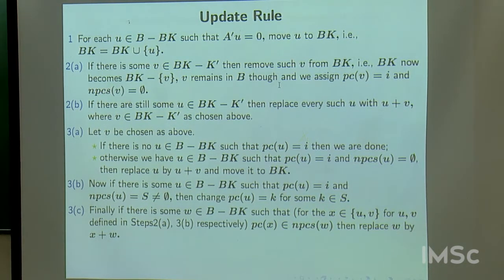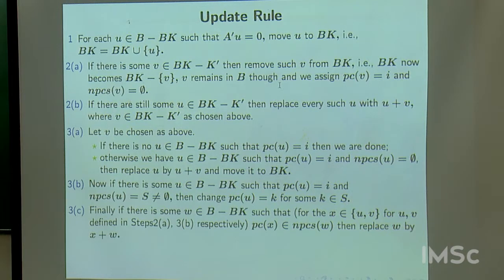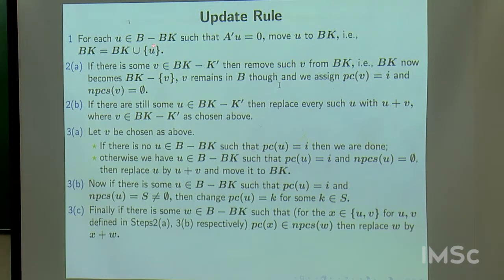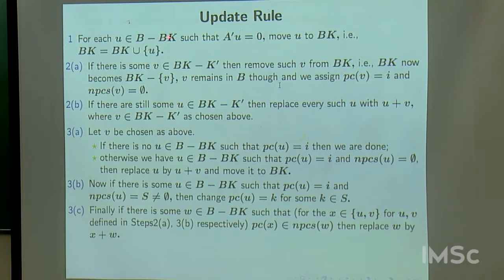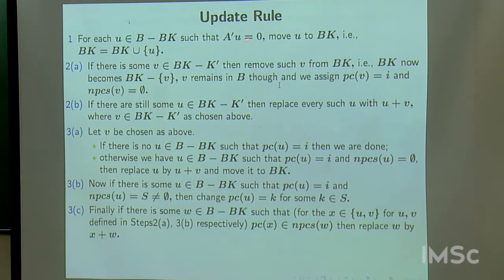I'll just take one rule and explain it for the sake of completion. If U is a basis vector which is not a kernel basis vector, such that under the new matrix after the change, where primes reflect changes, U is mapped to the all zeros vector, then move U to the kernel basis, correct? And so this becomes this, and similarly there are a bunch of such rules.